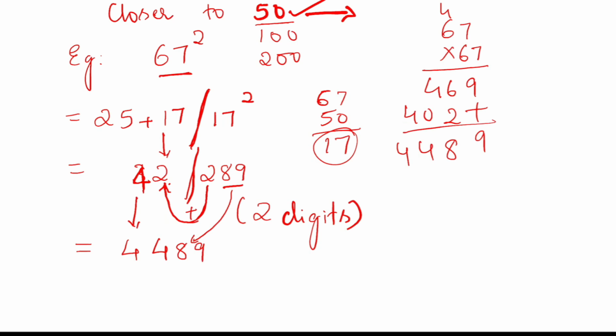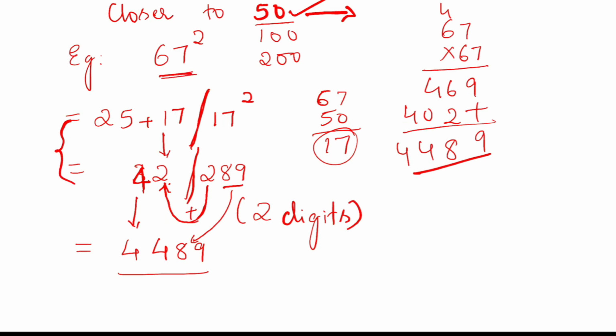So 67 square is 4489. We got the same answer here, but there we had to multiply so much. Here, with just 2 simple steps, we got the answer. Initially you will feel it is difficult, but as we go on solving problems, it will be easy. If you have understood this example, we will start with the problems.